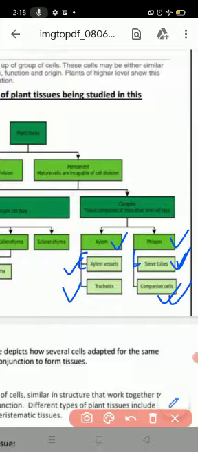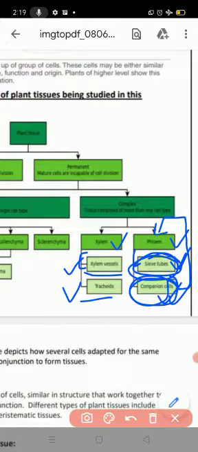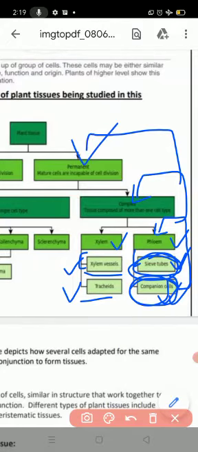That means xylem contains xylem vessels and tracheids, but phloem contains sieve tubes and companion cells. Companion cells and sieve tubes are present in phloem. It is a complex form of permanent tissue.